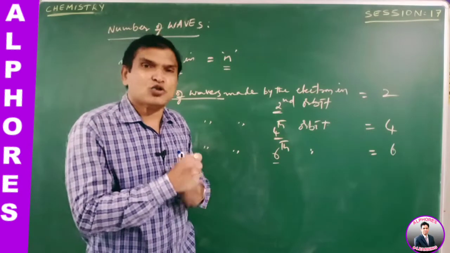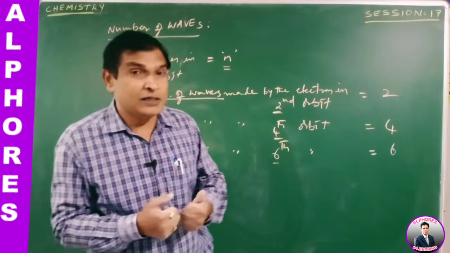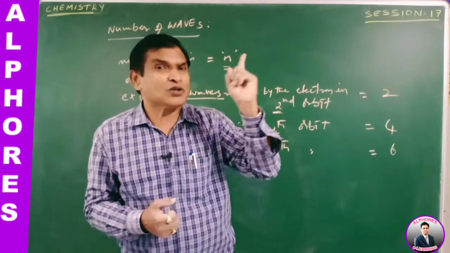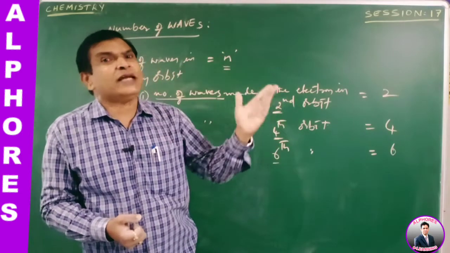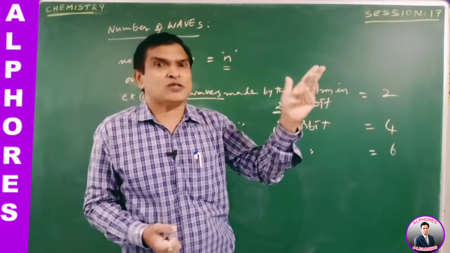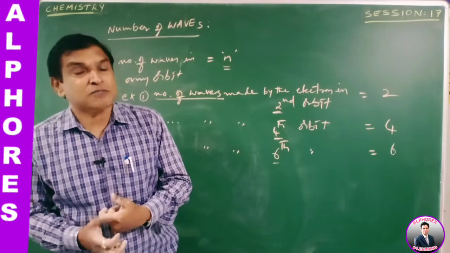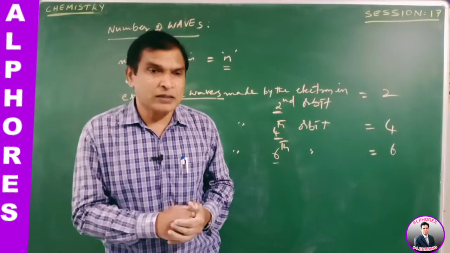Next, what are the drawbacks of Bohr's atomic model? We learned that Bohr's theory is applicable to only one-electron species. Bohr's theory failed to explain the spectrum of multi-electron species. That is the first drawback or limitation.